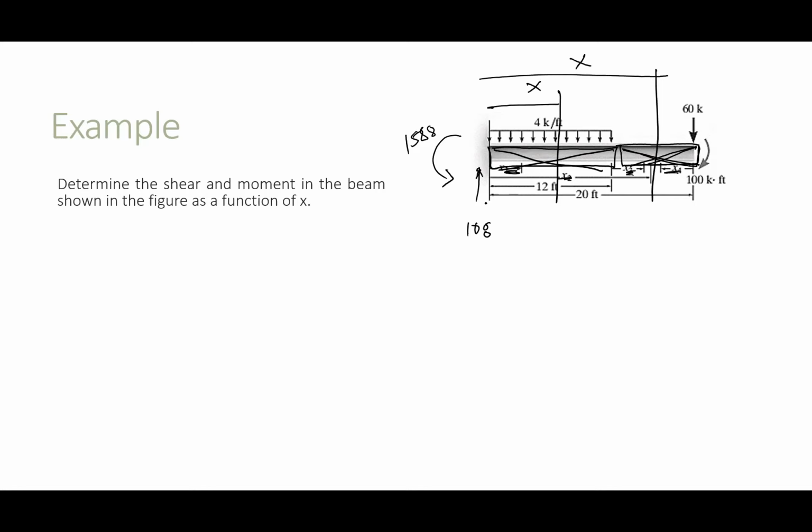Now, since meron tayong dalawang segment, kailangan nating i-establish yung limit. Yung first nating segment is itong part na to. Ang distance is 0, reference mo dito. X. Ang limit mo is at distance 12.